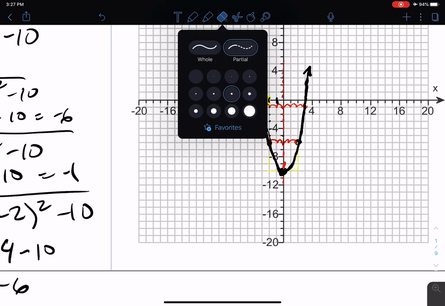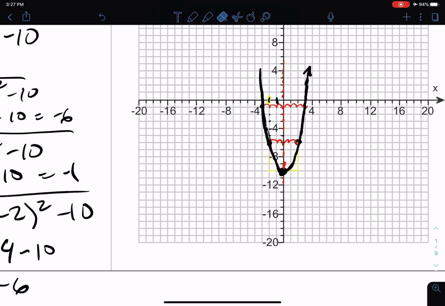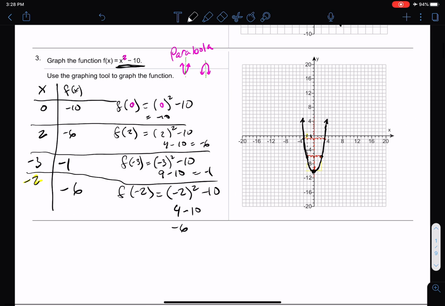Let me try to fix this a little bit, making it swoop in better, making it have a curve to it, which gives it that parabola look. So it kind of has to go like this. Okay, so there is my parabola.